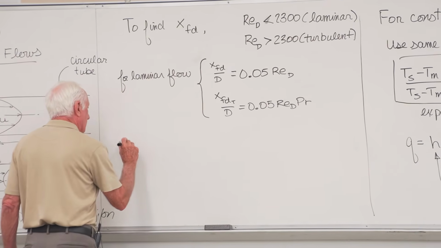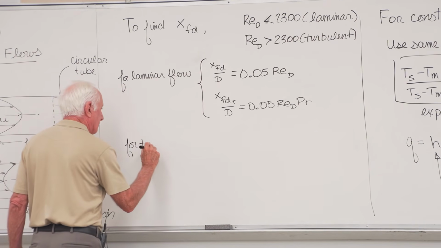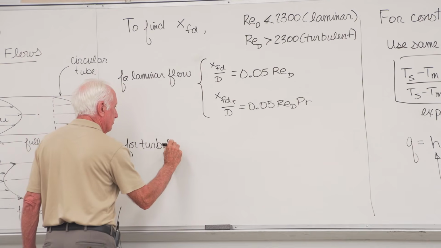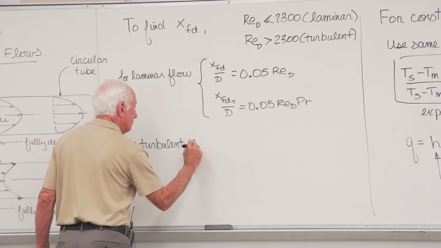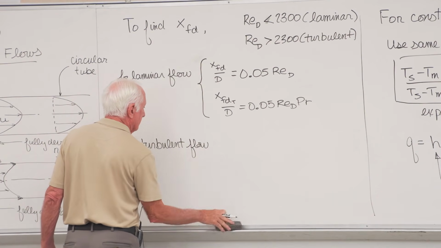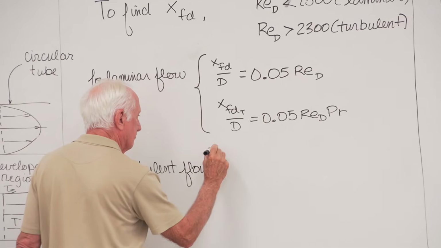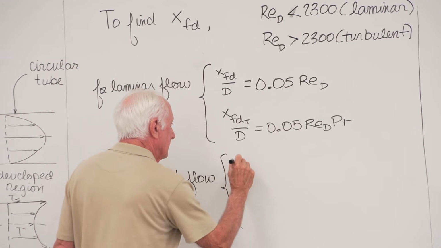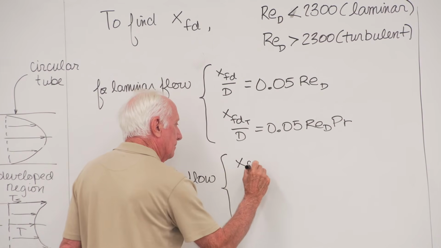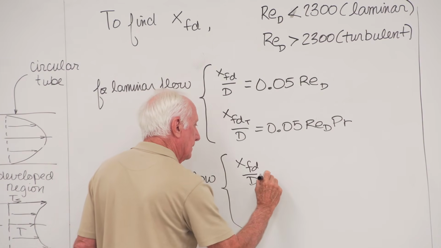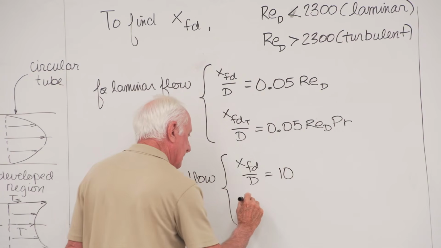For turbulent flow, X fully developed over D is much easier.